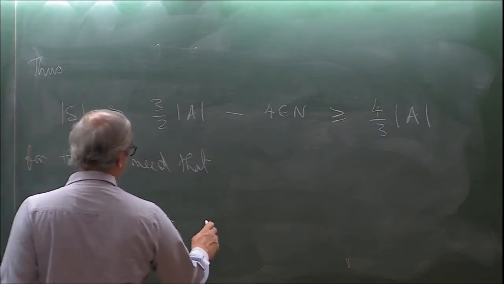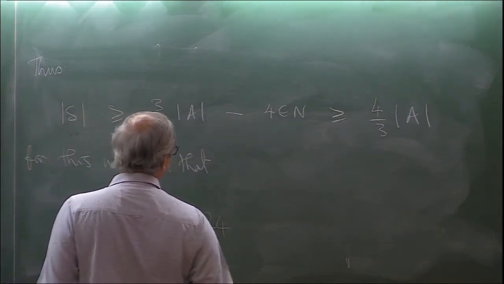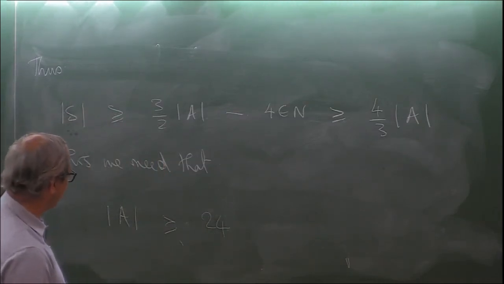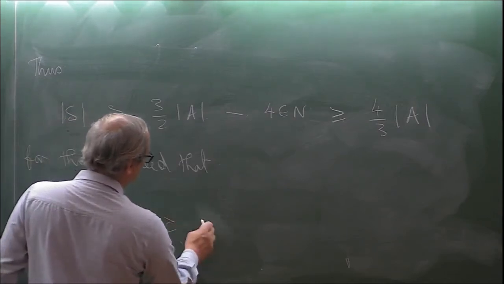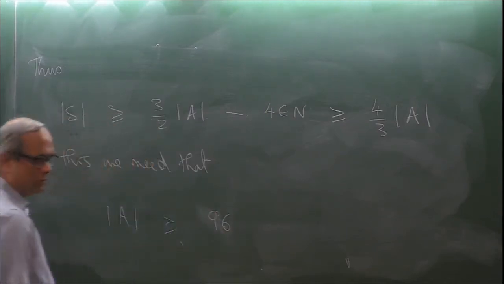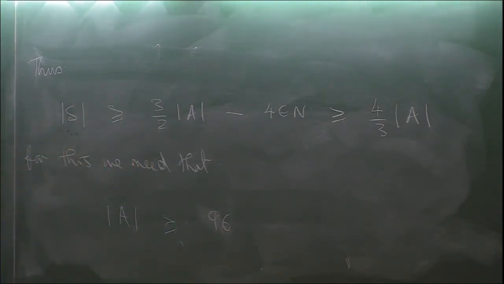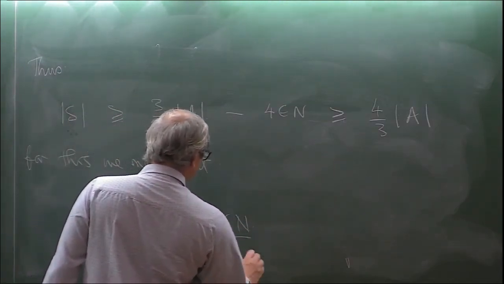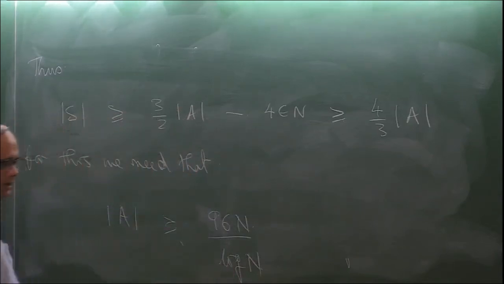So 24 times epsilon. Epsilon is 4. 24 4s, it's quickly getting above my abilities. 96 or so, 96 n by log n. So we need that this is bigger than 96 n over log n.